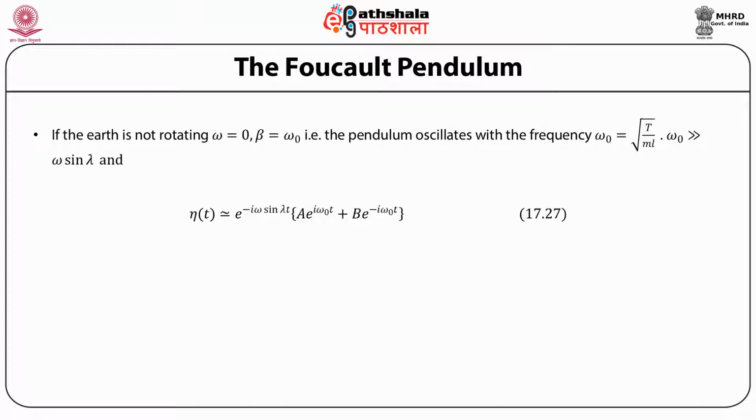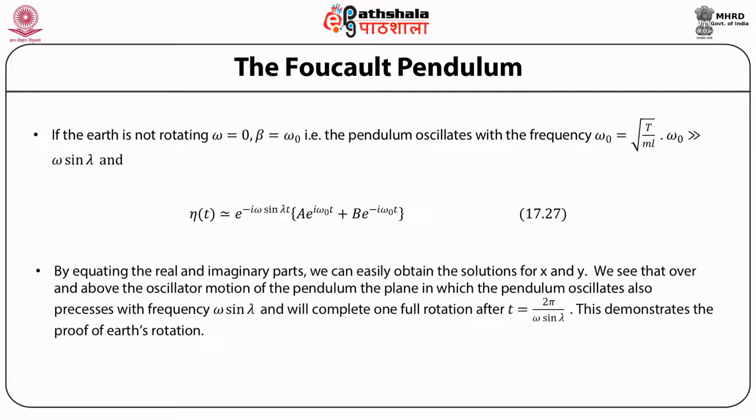That is, the pendulum oscillates with the frequency omega naught equal to the square root of T by ml. And for omega naught much greater than omega sine lambda, eta of t is equal to exponential minus i omega sine lambda t into a e to the power i omega naught t plus b e to the power minus i omega naught t. By equating the real and imaginary parts, we can easily obtain the solutions for x and y.